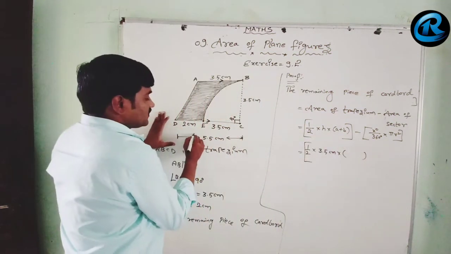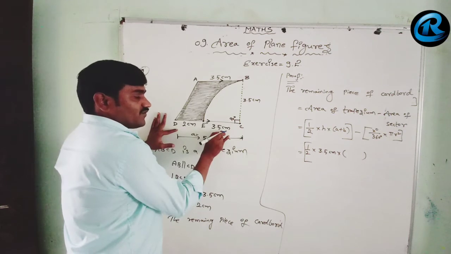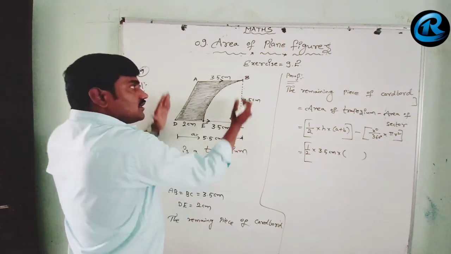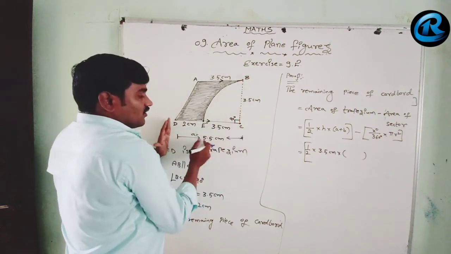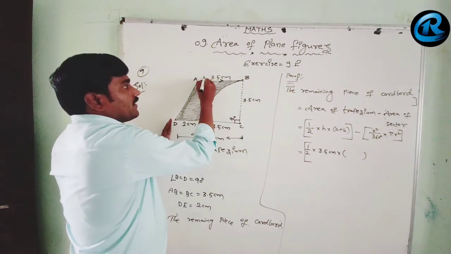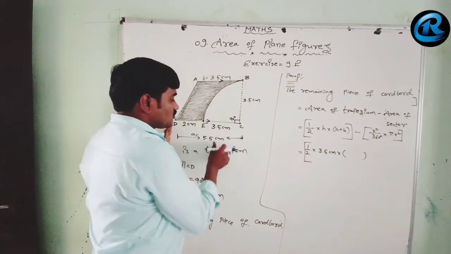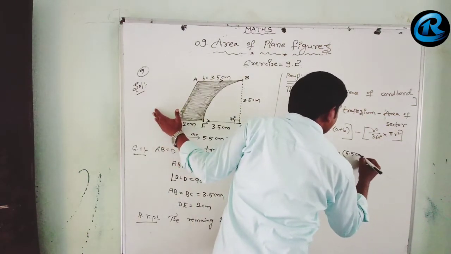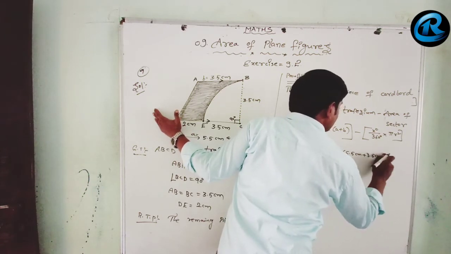The a equals the sum of these two, 2 centimeter plus 3.5 centimeter, that is 5.5 centimeter. This is one parallel side, CD, and the other is AB. So CD equals 5.5 centimeter and b equals 3.5 centimeter. So 5.5 centimeter plus 3.5 centimeters.